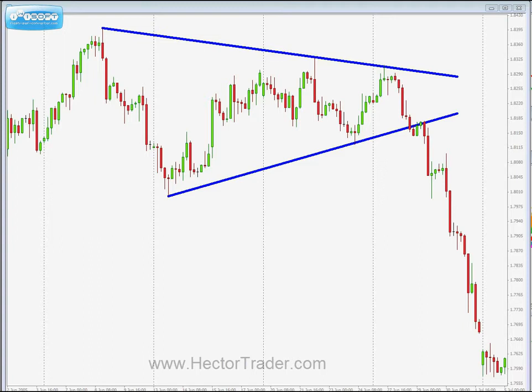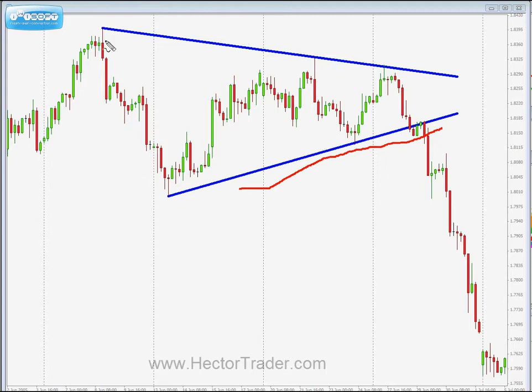The aggressive way is basically triggering upon the initial breakout of the actual range bound area. Okay, that means that we would place a bracket order a few pips beyond the boundaries of the triangle.